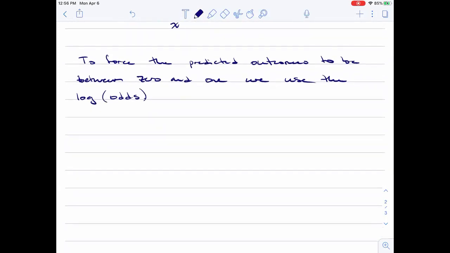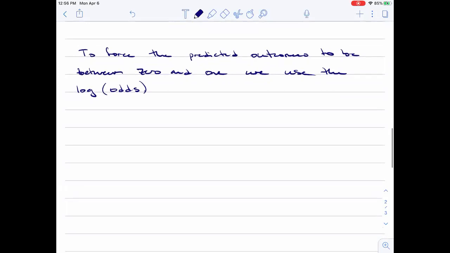And technically it's the log of the odds. So I'm going to let pi be the probability that y equals 1.